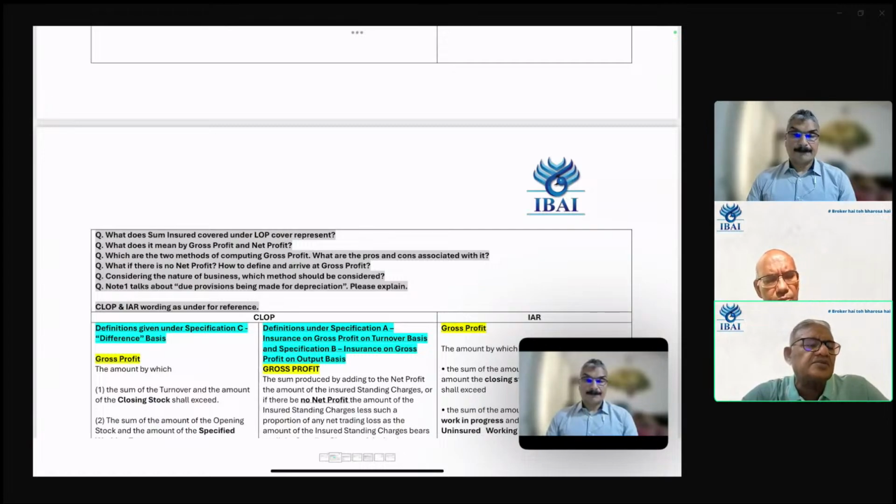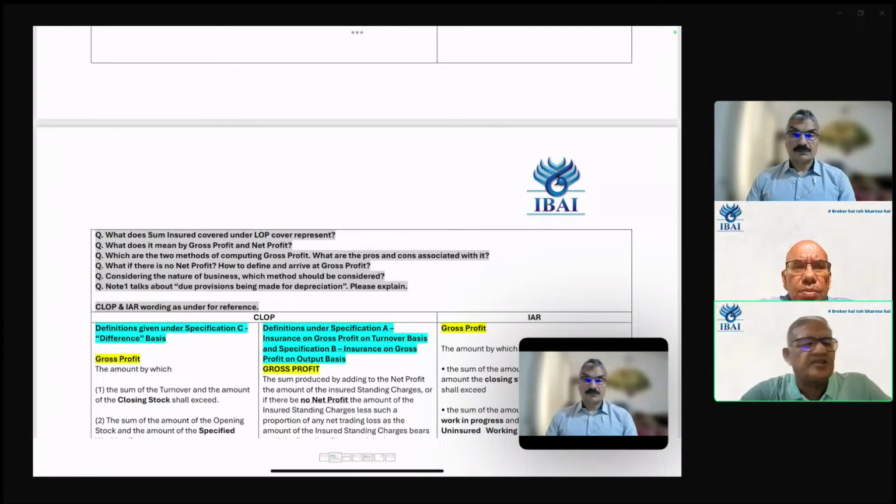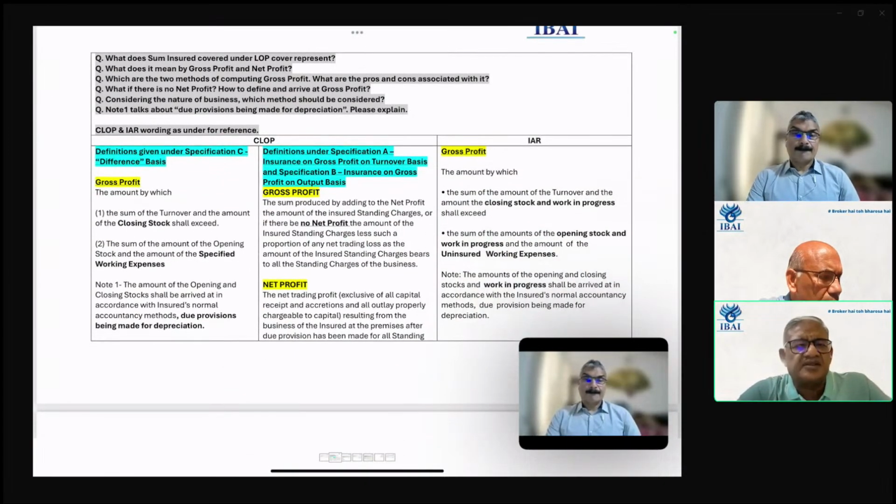In certain insurance policies I have seen, and it is printed in the schedule as well, in IR policy section 2, net profit plus standing charges. That is technically incorrect, because unless the policy gives you the option of the addition method, it gives you only one option, that is mentioned here, that gross profit is on difference basis.